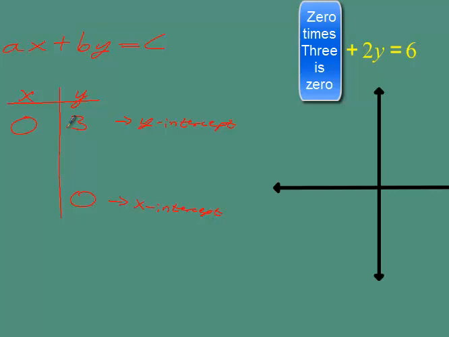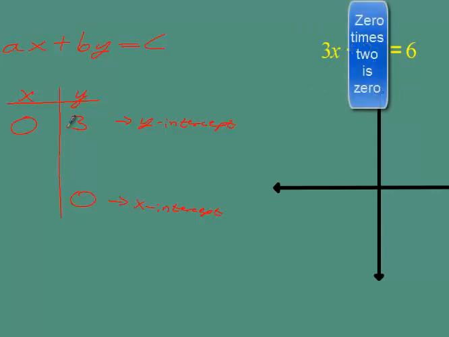And then over here, we're going to take the same function, except this time around, what's my y value? 0, right? So I'm trying to find the x-intercept now. So what's 2 times 0? So I get 3x equals 6, and how do you get x by itself? Divide by 3. So x equals 2. So now I have my x-intercept of 2.